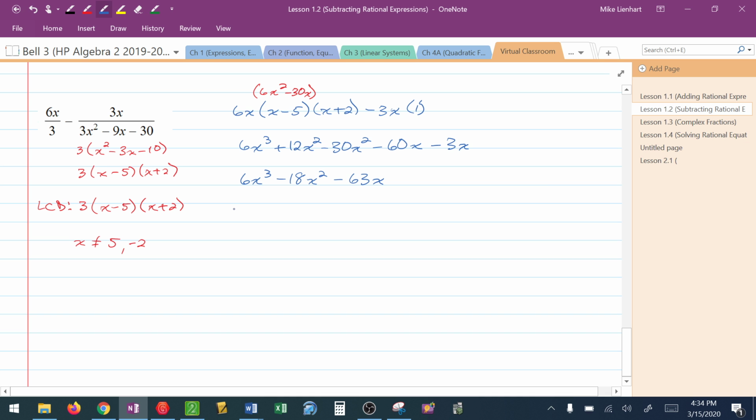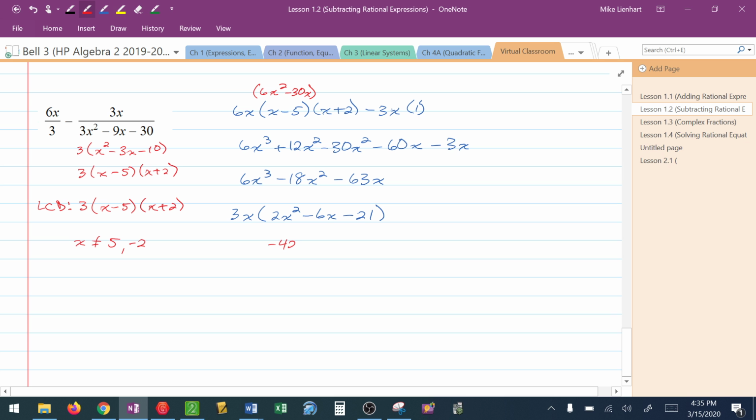So let's drop it down to 3x. Let's see what happens there. I've got 2x squared minus 6x minus 21. I'm wondering if this can factor any further. Let me just check it.